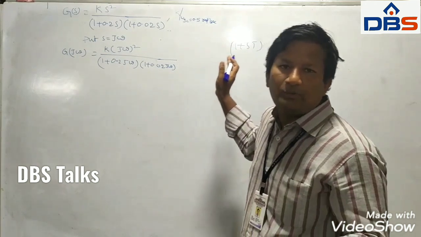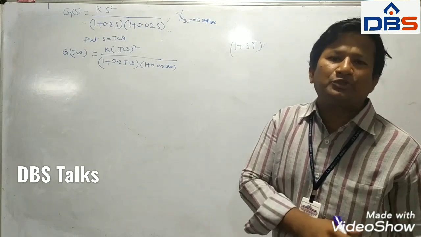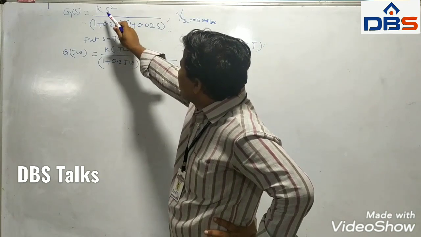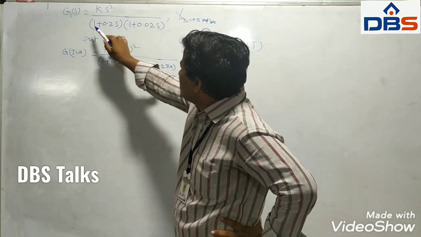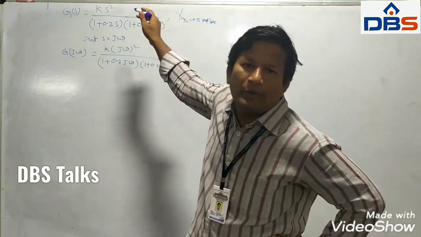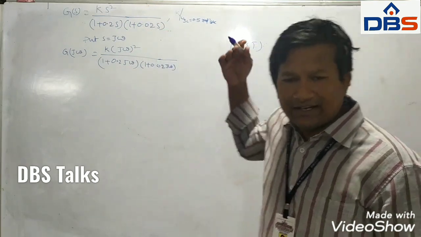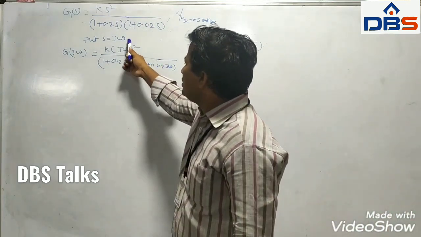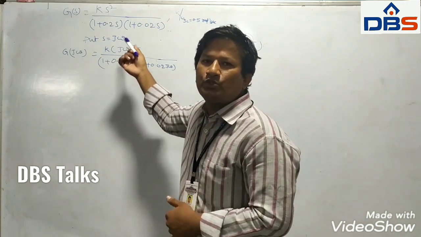If it is not in 1 plus sT form, put it in 1 plus sT form and then substitute s equal to j omega. Looking at the open loop transfer function K s square by (1 plus 0.2s)(1 plus 0.02s), the factors are 1 plus sT, 1 plus sT, so it is already in 1 plus sT form. So directly put s equal to j omega, because for frequency response analysis the s domain must be converted into the frequency domain.